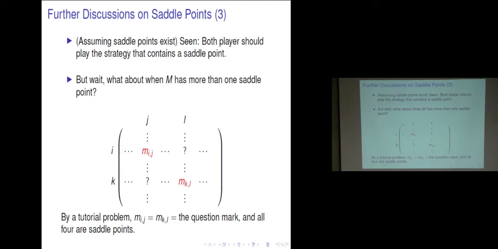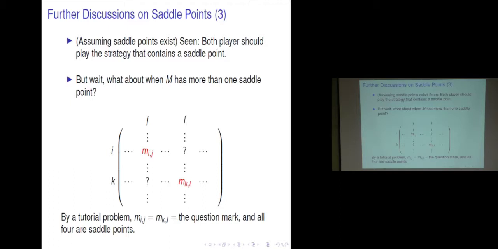Player 2 must choose a column containing a saddle point, so he may choose l. Well, if you take the intersection, it doesn't hit the known saddle points. It doesn't hit this red, doesn't hit this red. So we have to look at this value, right? So if player 1 chooses this and player 2 chooses that, are they going to meet at a Nash equilibrium?